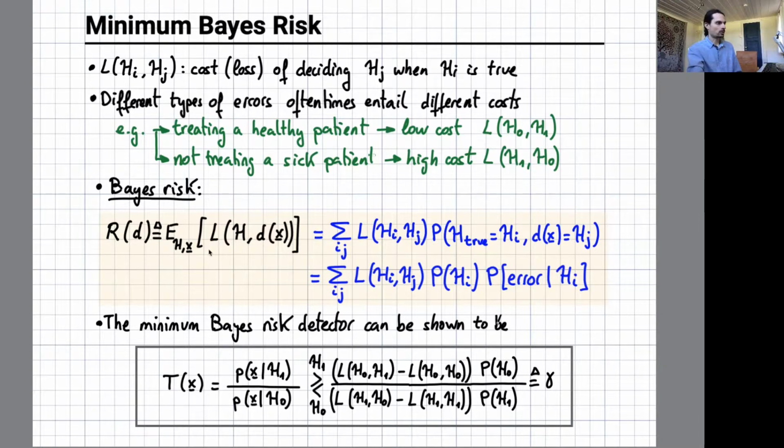So instead of having the true hypothesis here, we would have the true value of the parameter, and instead of having here the output of the detector, we would have the estimate. So essentially this notion of Bayes risk is common for estimation and detection.